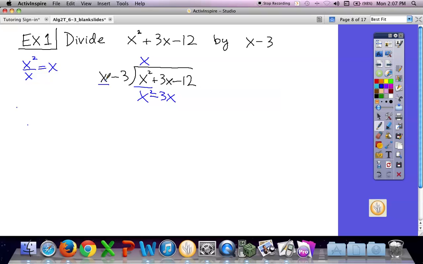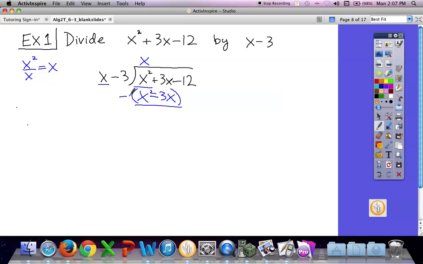Now, what did we do with this step when we did division with numbers? We subtracted. That's what we're going to do here too.